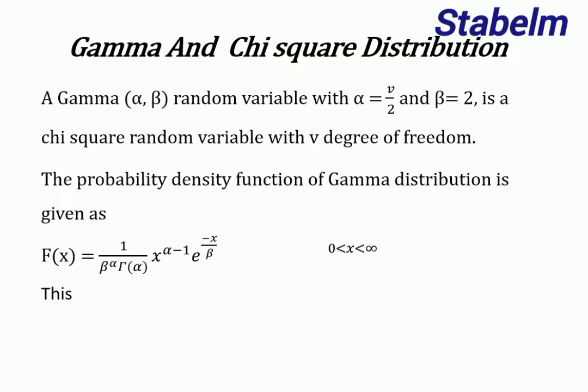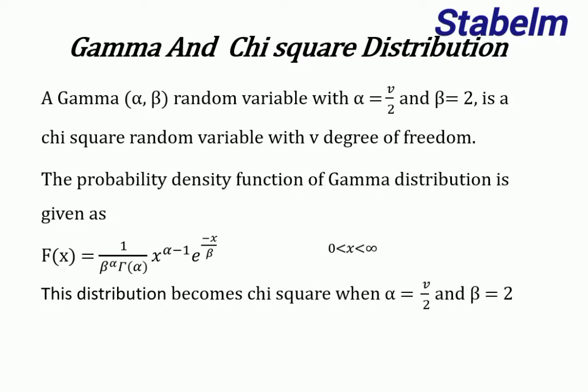So this distribution becomes chi-square distribution when alpha equals v over 2 and beta equals 2.